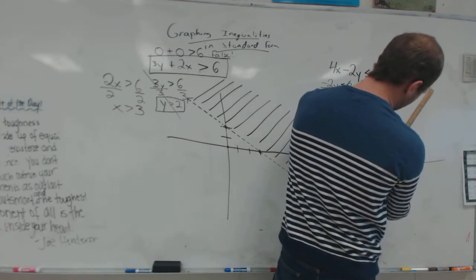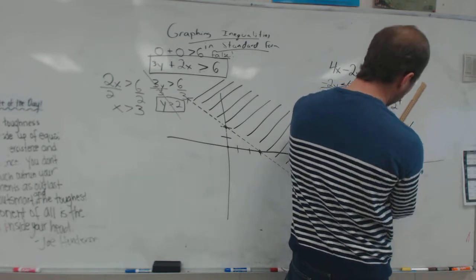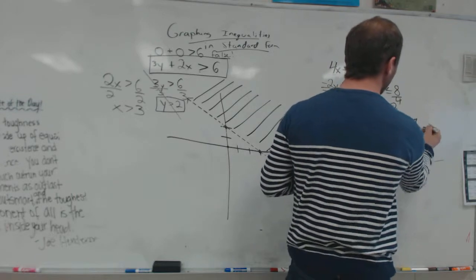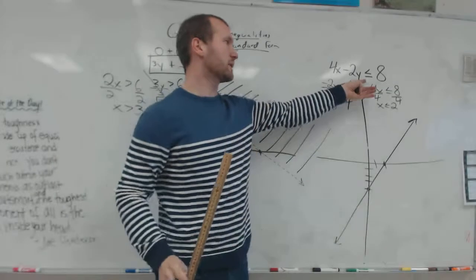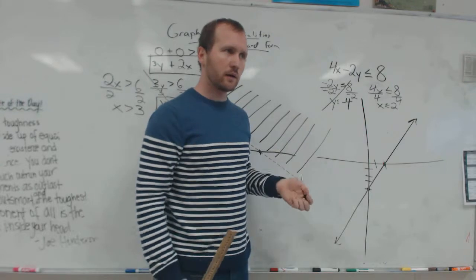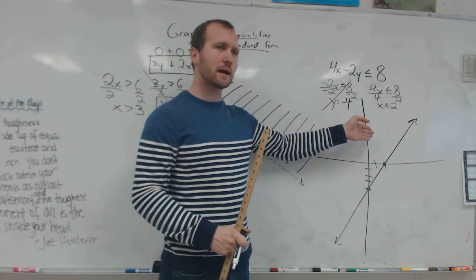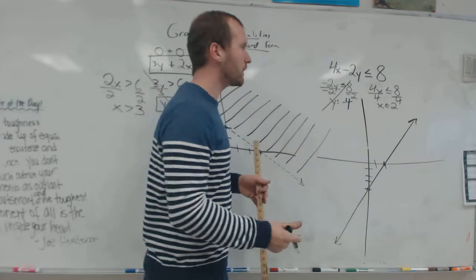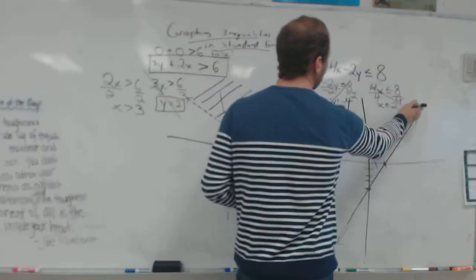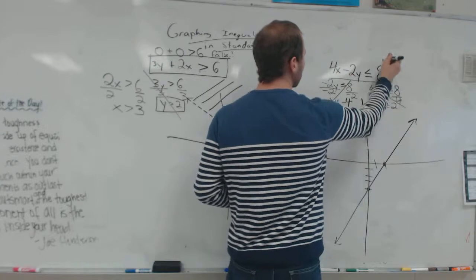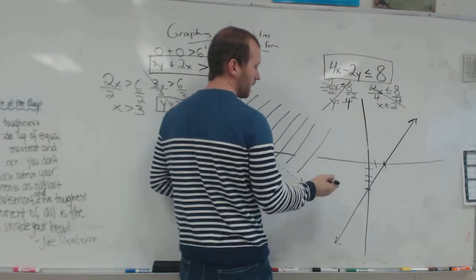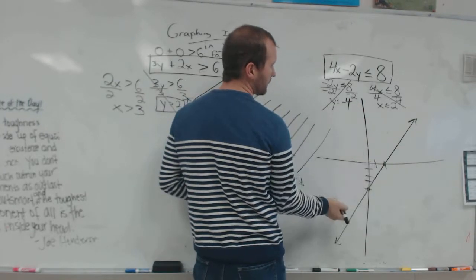Now you might get used to just as you make your line, you can look and see if it's going to be solid or not. So in this case, I know this should stay a solid line. I just have to figure out which side of it to shade on. I'm done with all this. I'm just looking at my original equation. I'm going to plug in the point 0, 0.